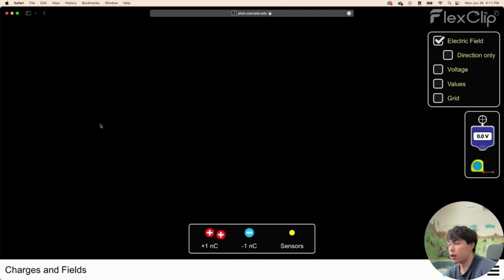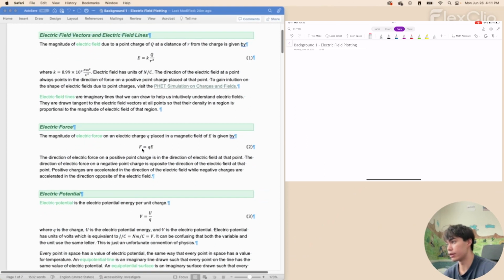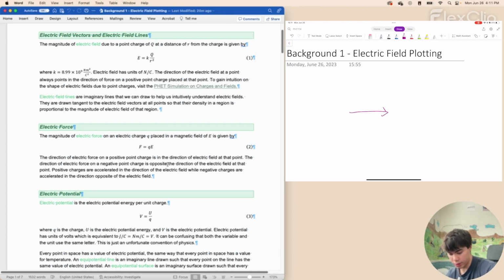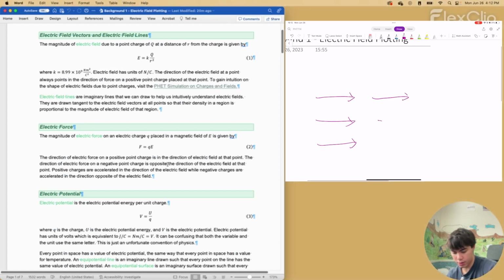The force felt by a charge in an electric field is given by this equation. So if we have an electric field that points to the right, and we have a proton in this electric field, then it will feel a force in the same direction as the electric field.